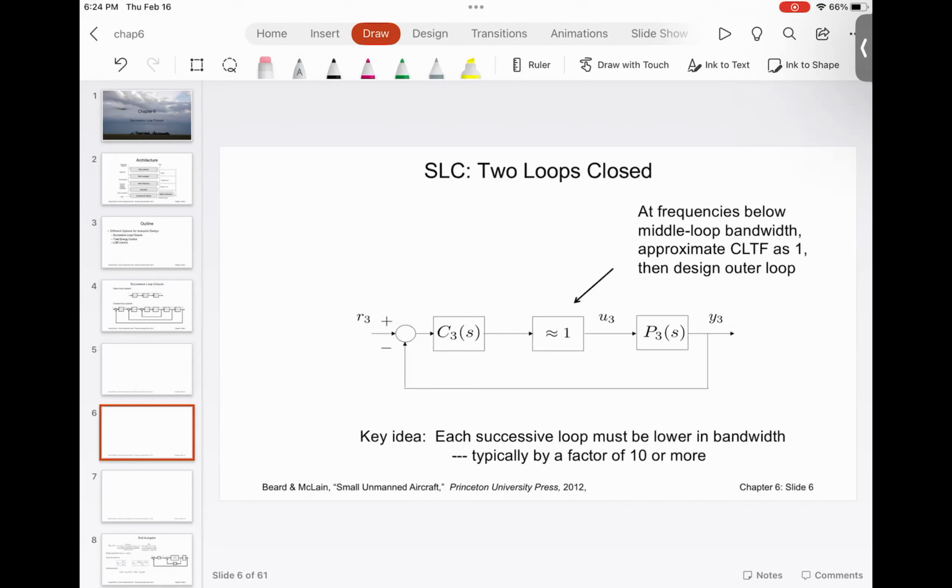Afterwards, once the inner loop is closed, we will go to the next loop, and we will adjust the control and the gains in such a way that this outer loop is one, and we will continue this process all the way to the end.